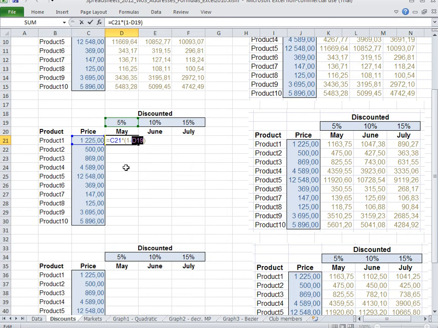But when we copy this formula to June's month, we actually do want D19 to move, because now it should move to E19. Thus, it cannot move up and down when we copy it to next product, next product, next product, but it should move left and right when we copy it to June or July. And that is something we haven't encountered yet so far.